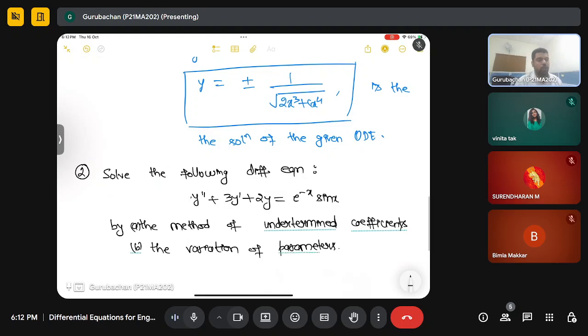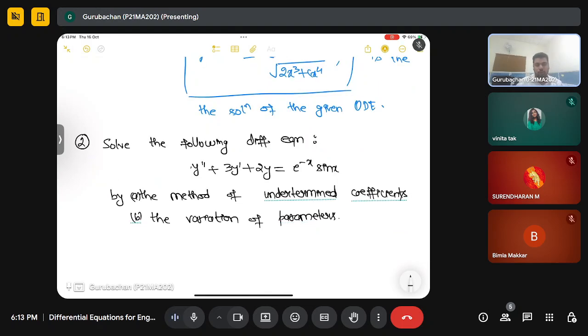I just want to make sure that we recall both the methods properly. So try first on your own, then we will discuss it.